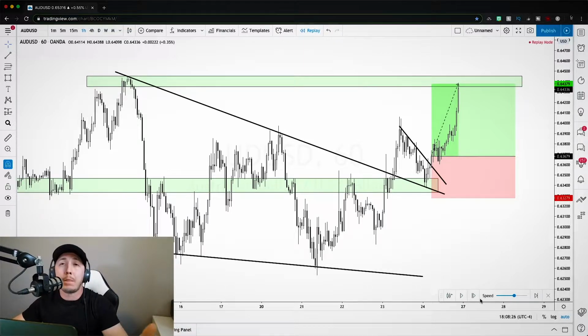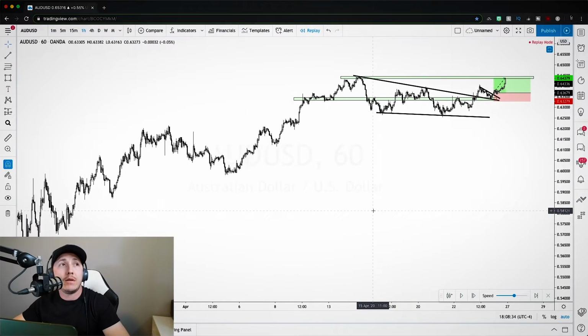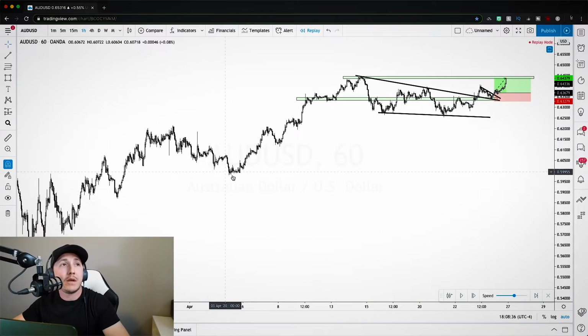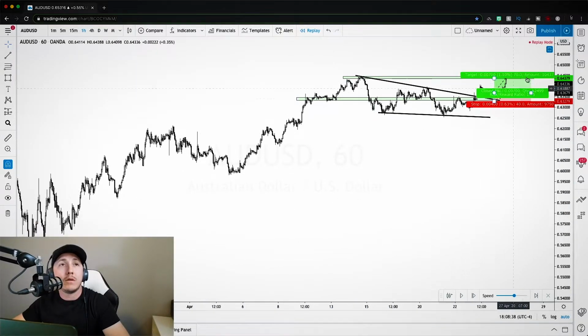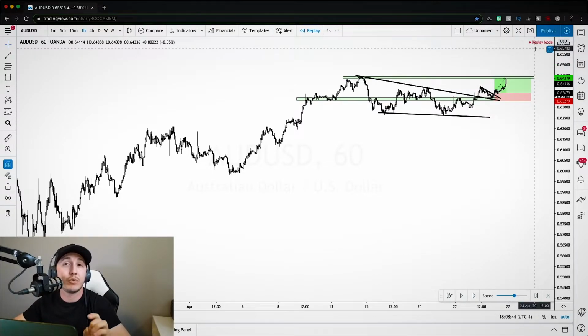So now, what do we do? Well, based on the fact that it broke out of this pattern and the fact that we've been making higher highs, the likelihood of this continuing is actually pretty high. All right.